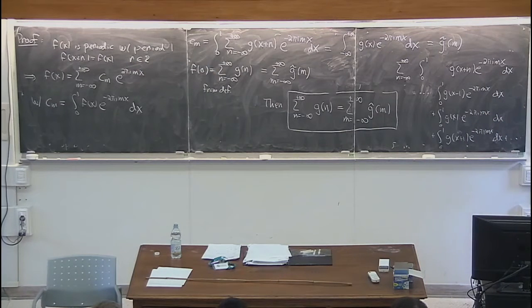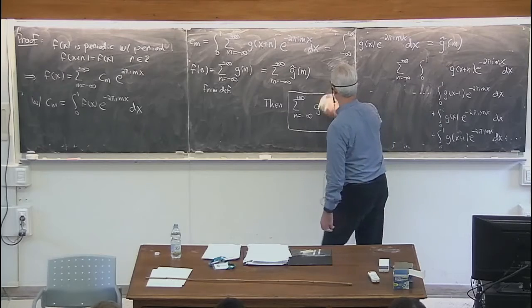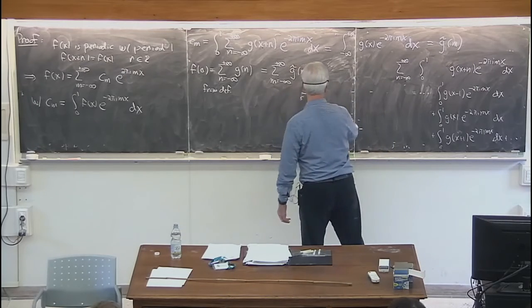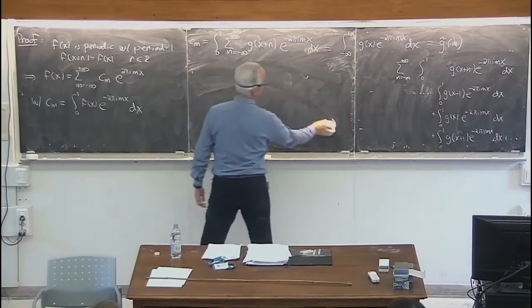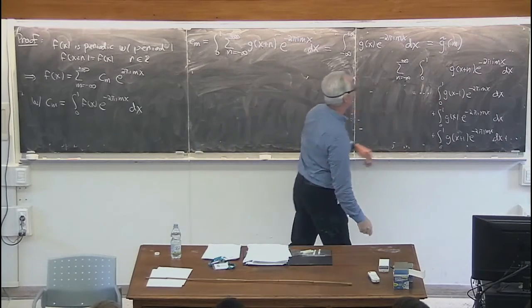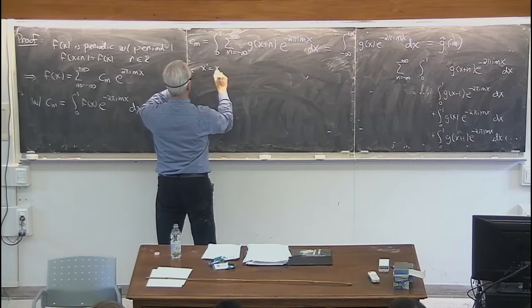So I've picked out the middle three terms in this infinite sum. Now let's look at these. In the first integral there, let me set x prime equal to x minus 1.